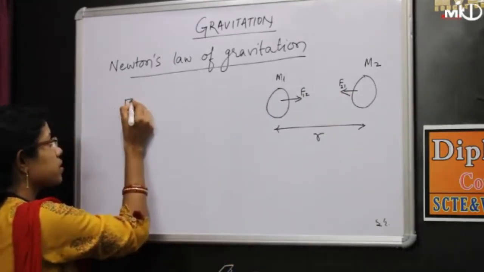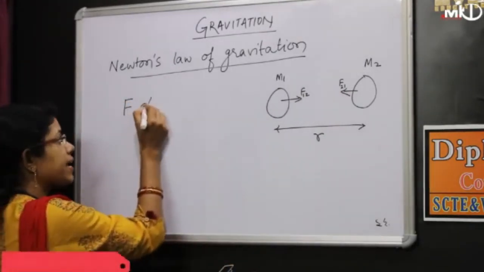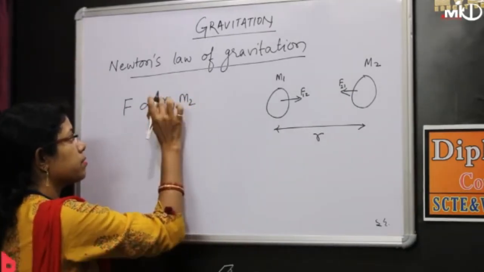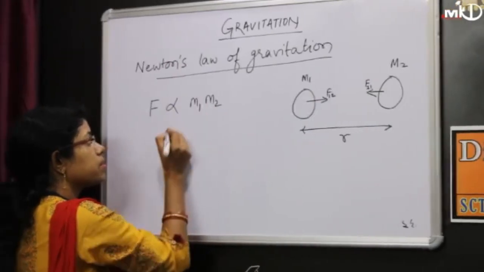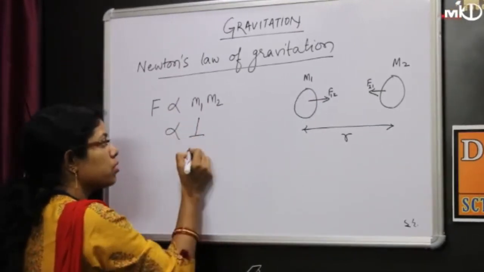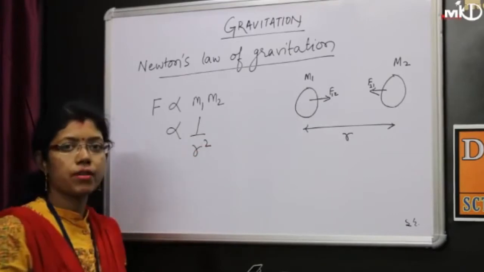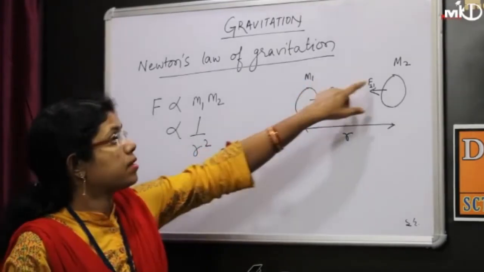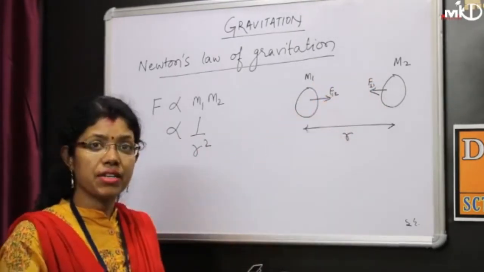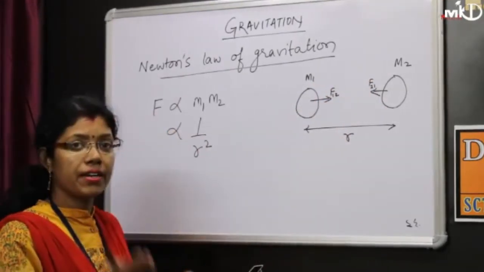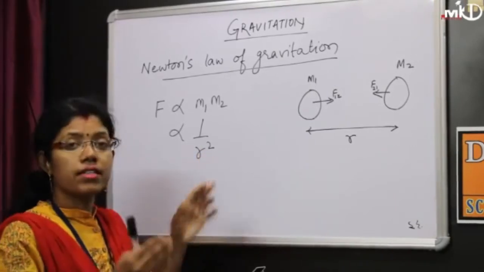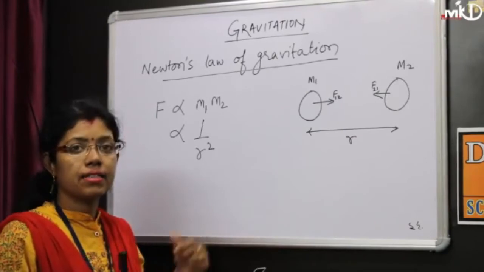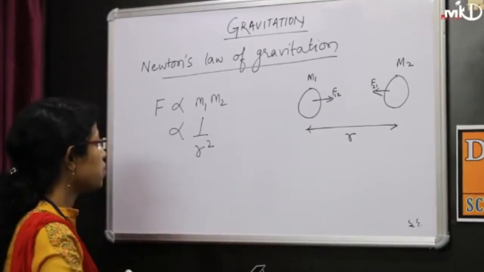This force is always directly proportional to the product of masses and inversely proportional to the square of the distance between them. That means if the value of mass increases, the force will increase, and if the distance between the two masses increases, the force will decrease because it is inversely proportional.